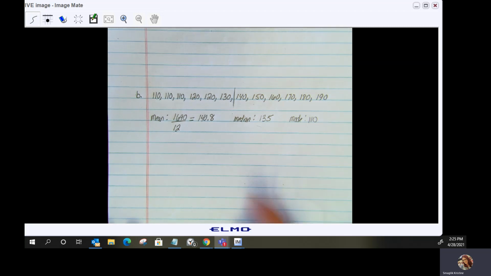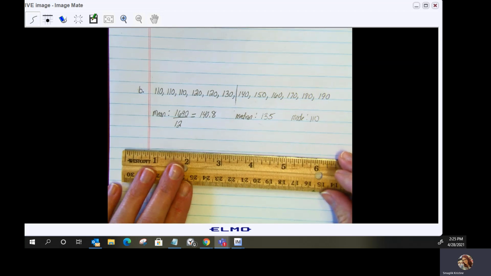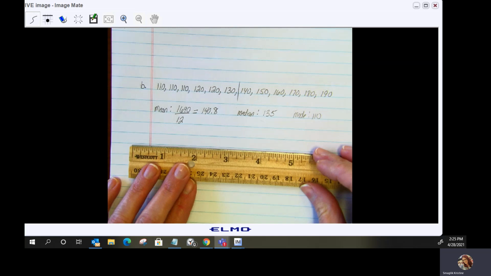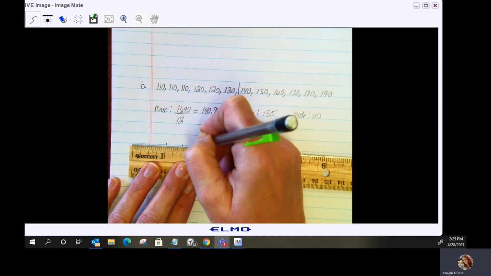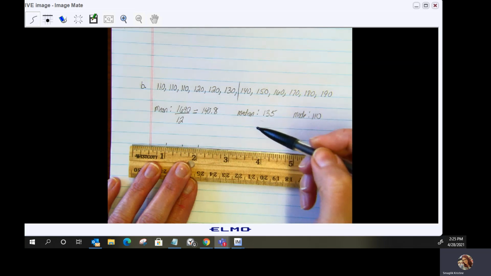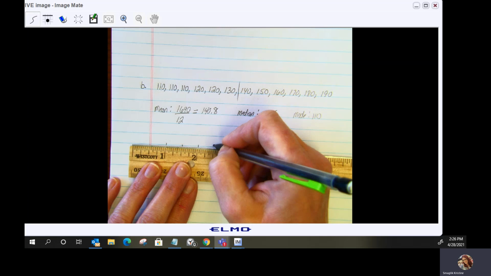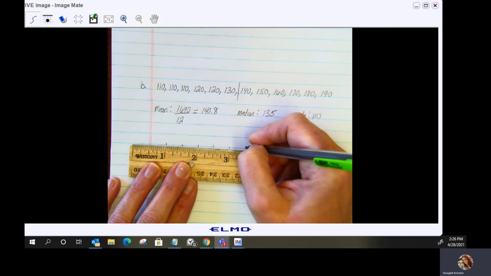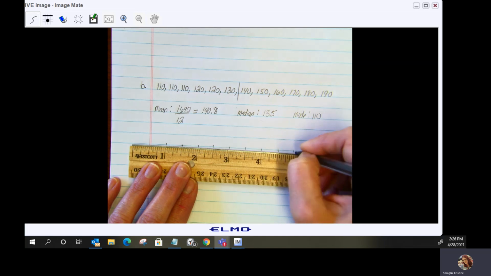Let's just do a little dot plot. Again, let me see if I can space these out a little bit more. We can go by tens: 110, 120, 130, 140, 150, 160, 170, 180, 190.